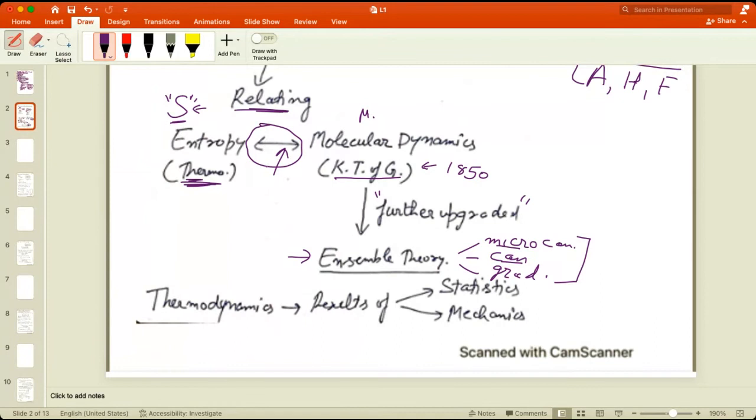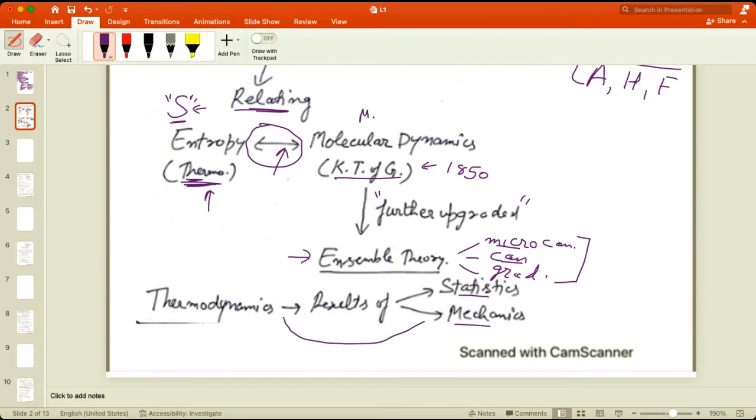What Boltzmann basically derived, without going into much detail, is just to appreciate the beauty of this link, how statistics is linked with thermodynamics.